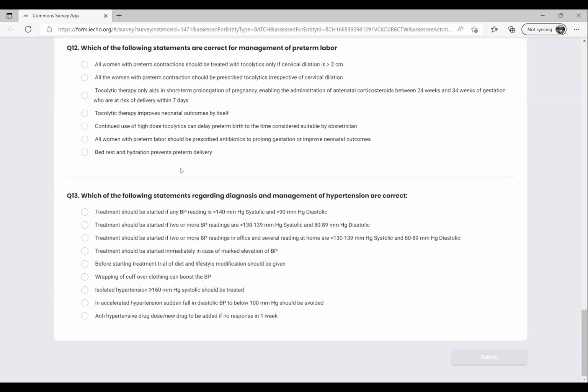It is tied over the clothes, or the patient is not resting before taking BP, or you are conversing with the patient while taking BP. Again, this can boost up the BP, and even a full urinary bladder may boost up BP. A too tight or too loose cuff will also give you different readings.